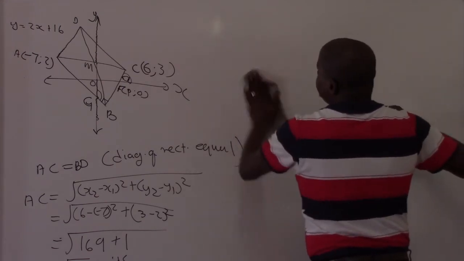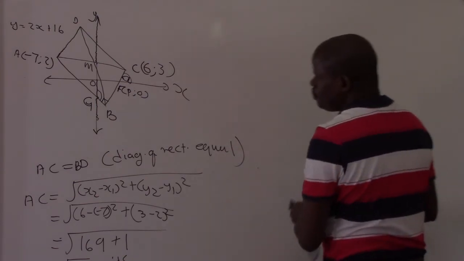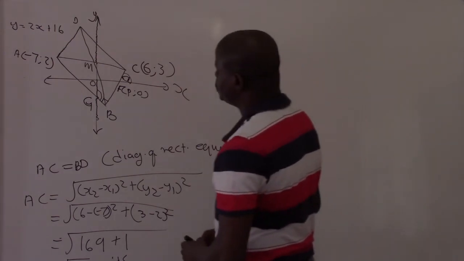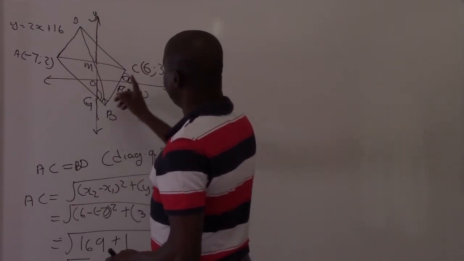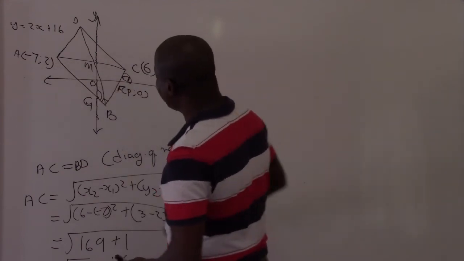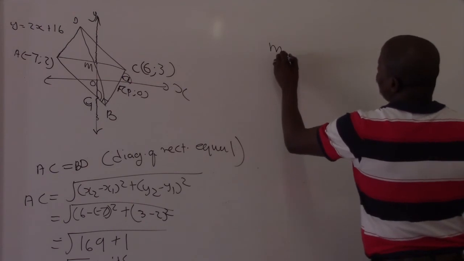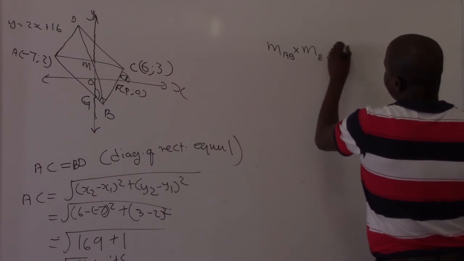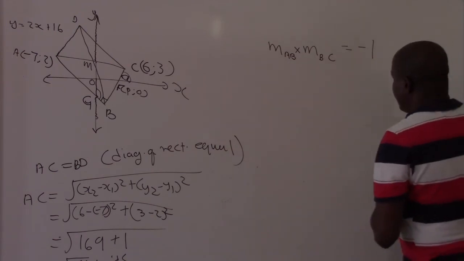So we can say the gradient of AB times the gradient of BC will give us -1.